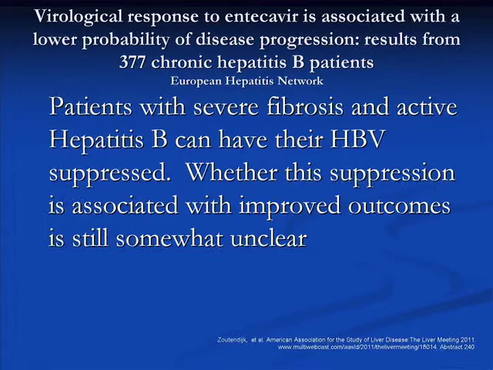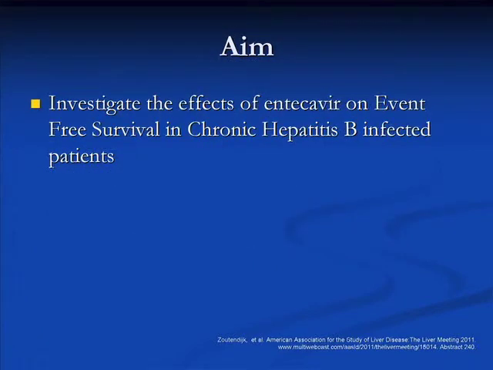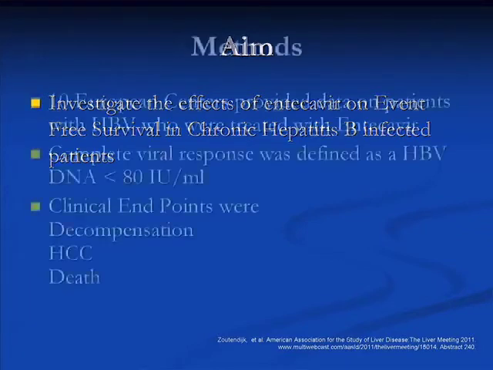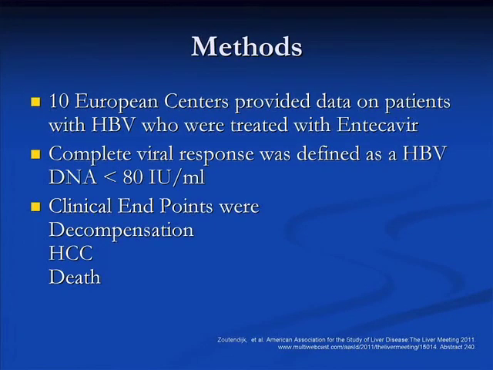So we know we can suppress the hepatitis B, but is that going to make a difference for our patients in the long run? The aim of this European center study was to investigate the effects of entecavir on event-free survival in patients who were infected with hepatitis B. They looked at a very broad population at 10 European centers that provided data, and they were looking at one drug in particular, entecavir.